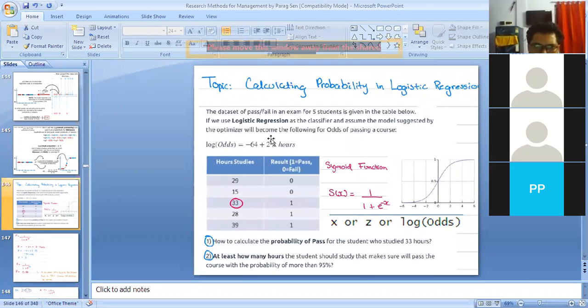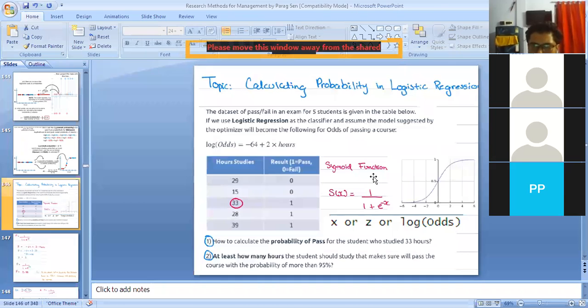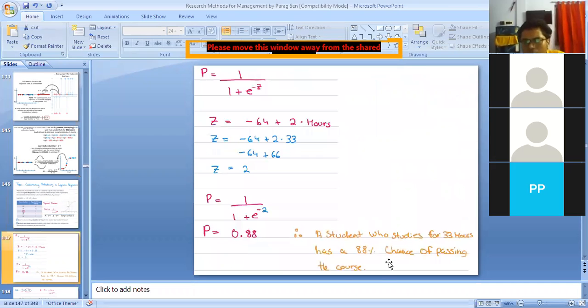So you will put these values here, and you will be getting the value of Z, not X. Then if you put this value in here, you will be getting the value of probability very easily.